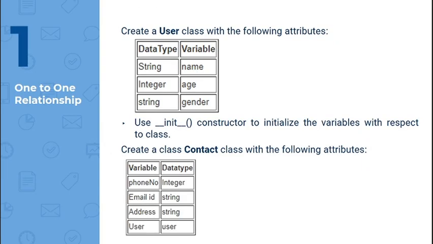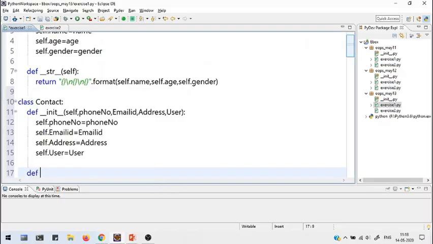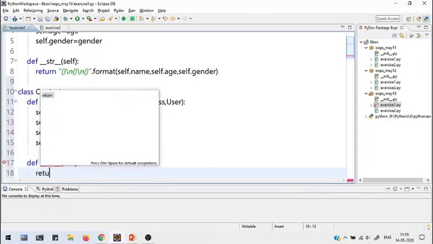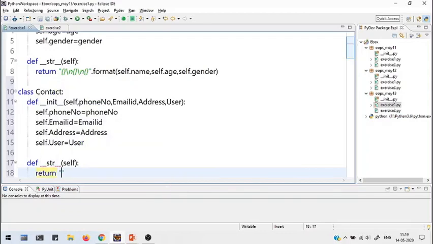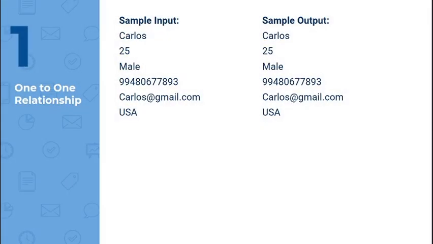Next we have to create the __str__ method again for the contact class. So here it is going to return the values, but in which format? For that we have to refer to the output. First the output prints the user details, Carlos 25 and male, followed by the contact number, email address, and the address.